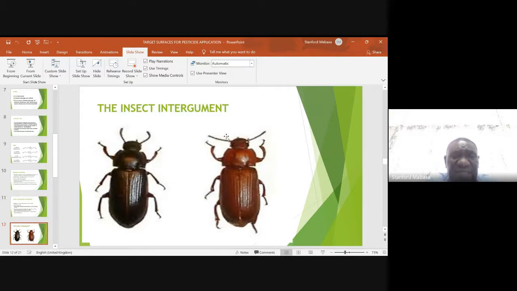Let us look at the insects. We have the insect integument, which can form the barrier. You can see this at the scale. If you spray these insects, the droplets may not go through the insect.